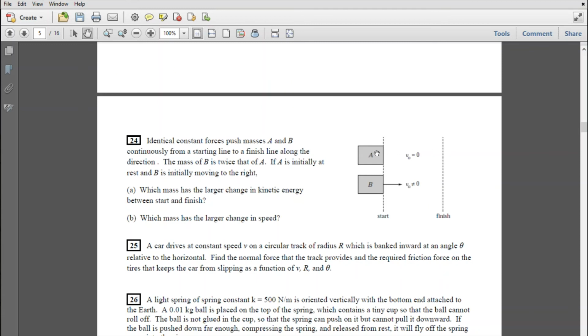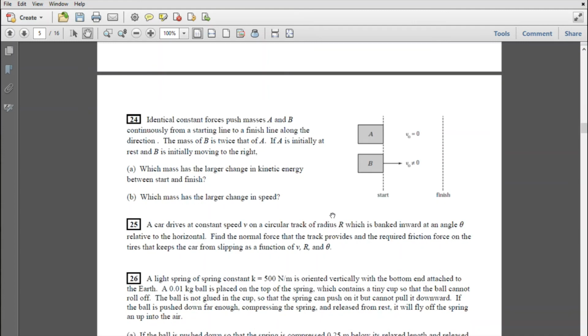Because we're applying the same force and they move through the same displacement between start and finish, and assuming the force I'm applying is the only one doing work, the weight force and the normal force wouldn't do any work. So the net work is the same, and therefore the change in kinetic energy is the same. So in A, it would be the same for both of them.